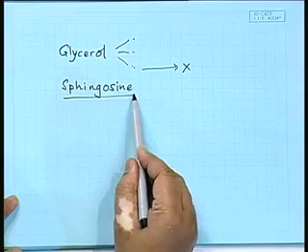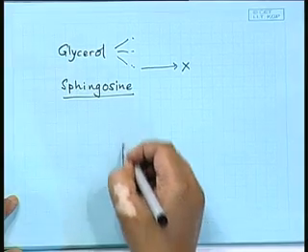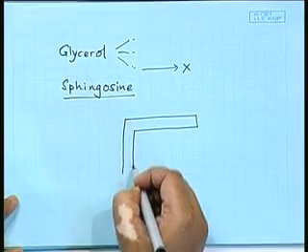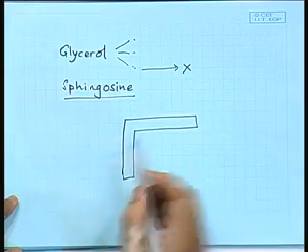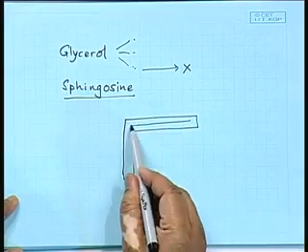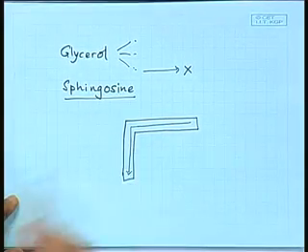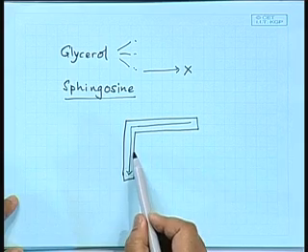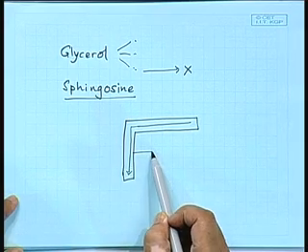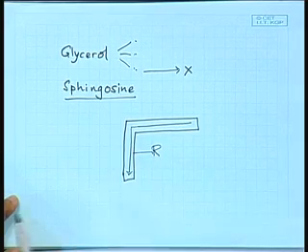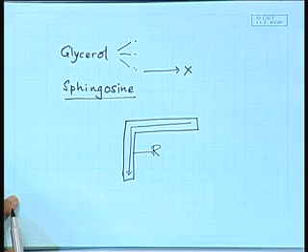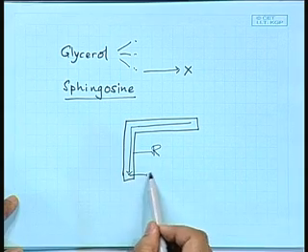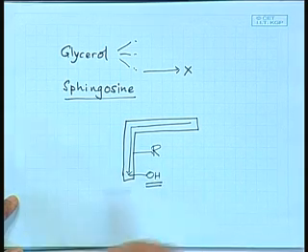In sphingosine, you have a different type of shape, because you have a long carbon chain in the structure of sphingosine itself. What you have here is a fatty acid attached, forming a ceramide. Then this OH can be linked to what?